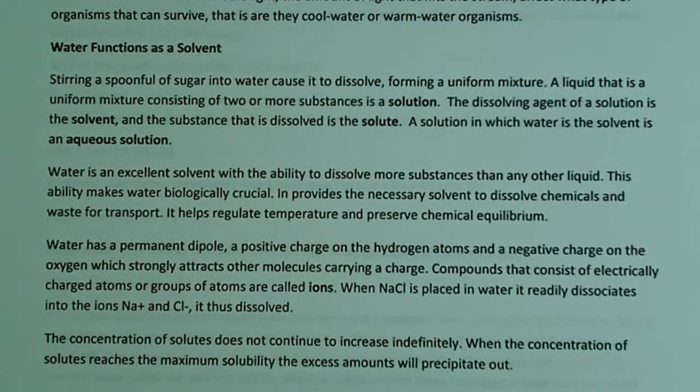The concentration of solutes does not continue to increase indefinitely, though. We all know this: if you add enough solute to a solution, eventually it will precipitate out. It reaches what's known as maximum solubility, and the excess amounts will precipitate out of the solution.